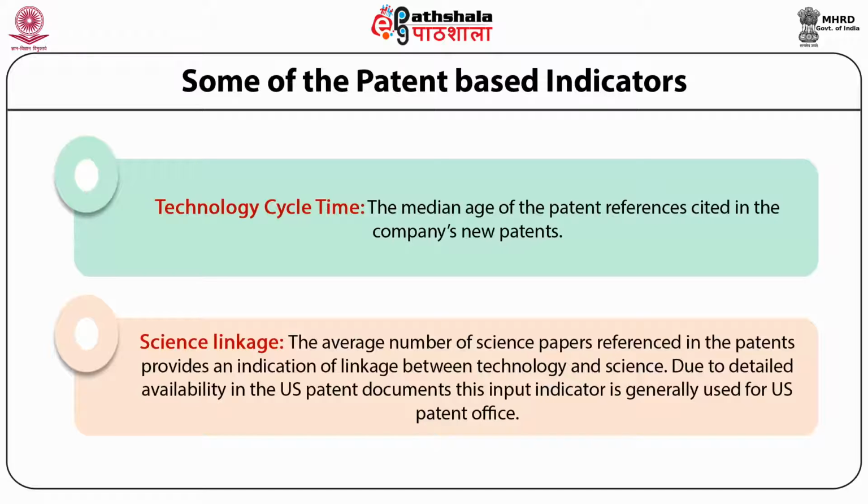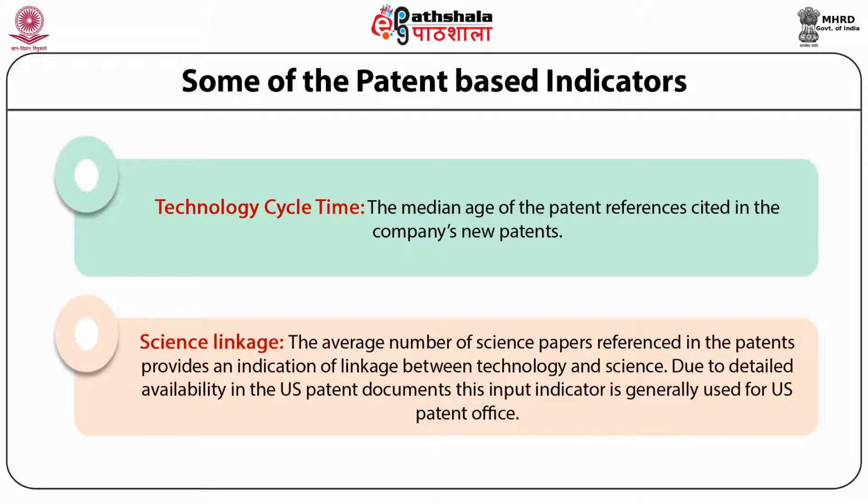So if the patents cited in the company's or a country's patents are not much dated in time, we argue that the company or the country is moving at the technological frontier. Otherwise, we would say that the country or the company is still away from the technological frontier.